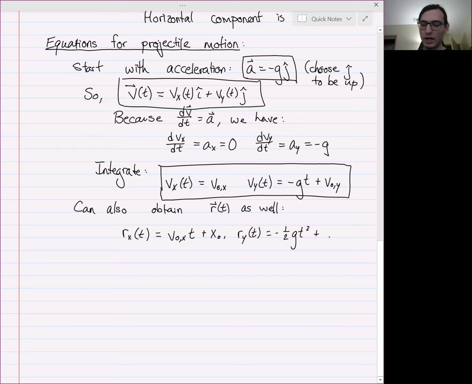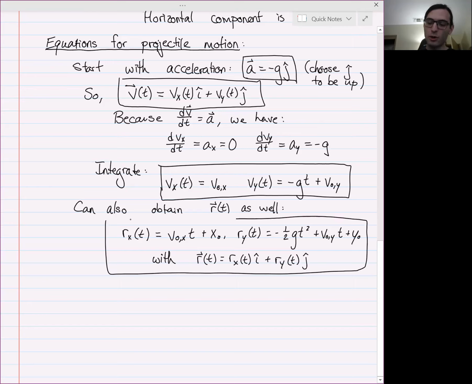Plus v0y times t plus y0. And in this case, the vector r is now our x of t in the i hat direction plus our y of t in the j hat direction. So these are our projectile motion equations. Put a star by them.